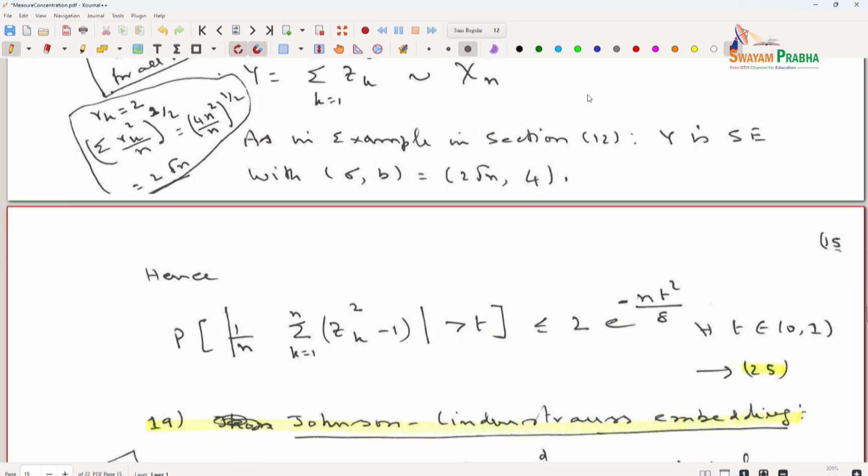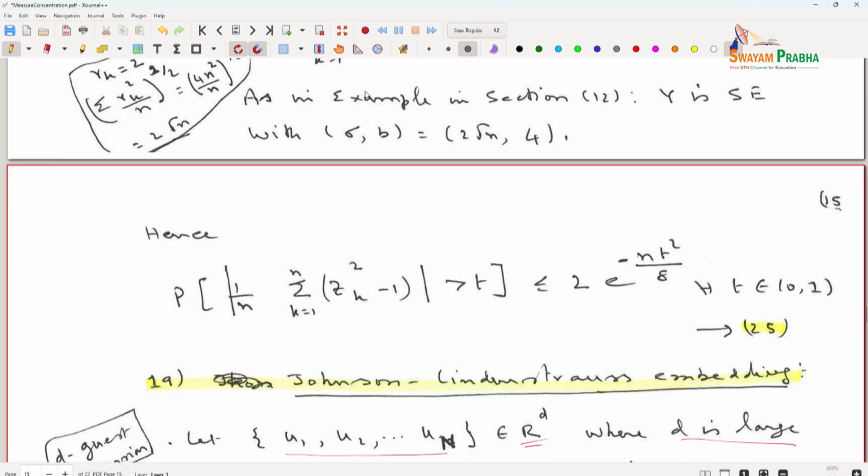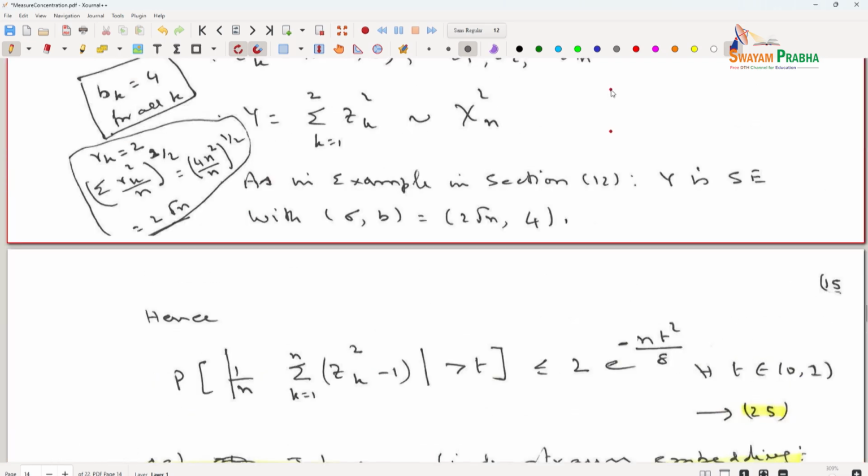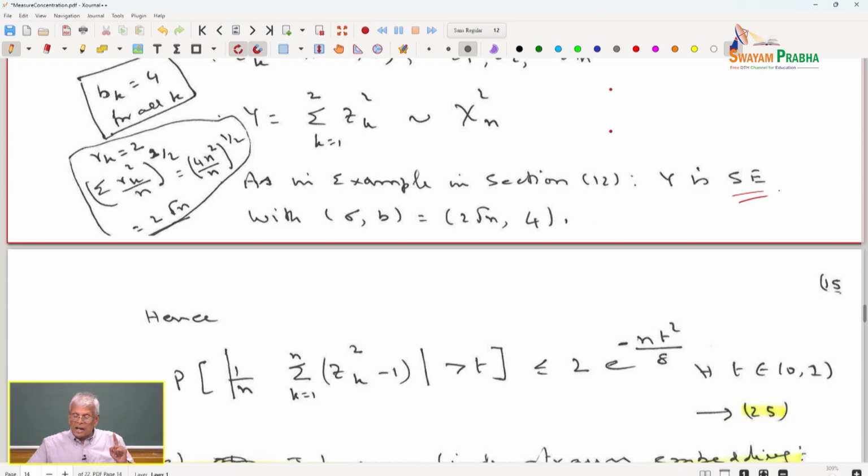So, this is an example of, as in the example in section 12, the sum of zk squared is a sub-exponential variable with two parameters, sigma and b, where sigma is 2 times square root of n, b is 4.